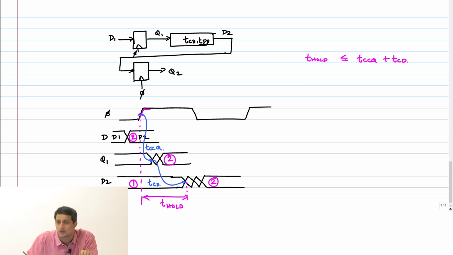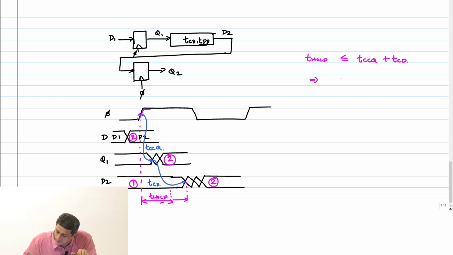As long as the data change happens after the hold time, right? So let's say the hold time of the flop is somewhere here. Let's say this is T hold. As long as this change happens later, there is no issue. And that's what we are saying. So what does this mean?